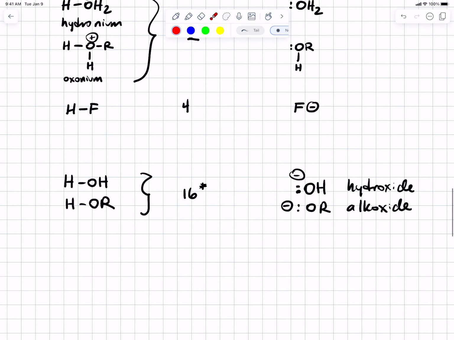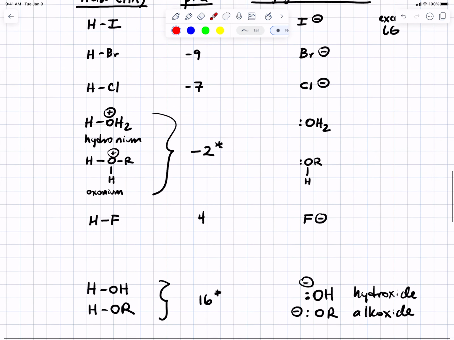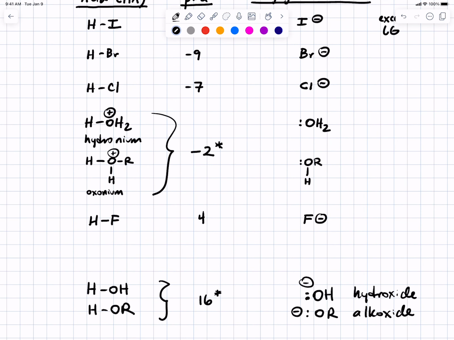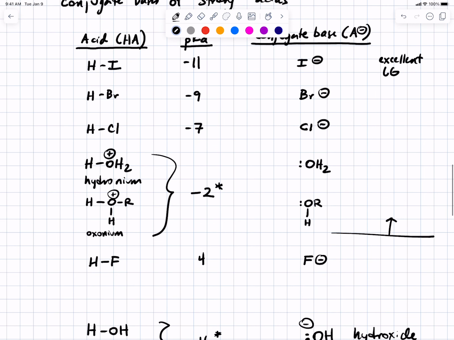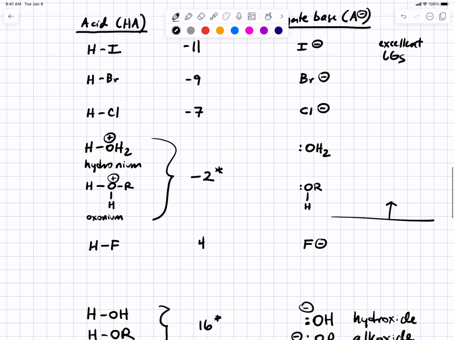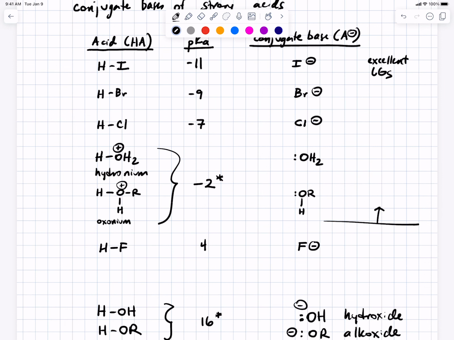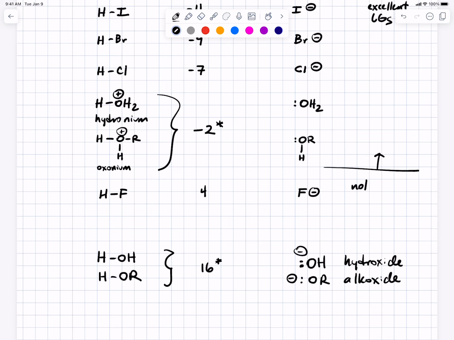Also, by the time we get to the pKa range of, if we're sort of here or below, these are all excellent leaving groups. Once we start to get to conjugate acids whose pKa's are greater than 0, we're talking about not so great leaving groups. Okay?